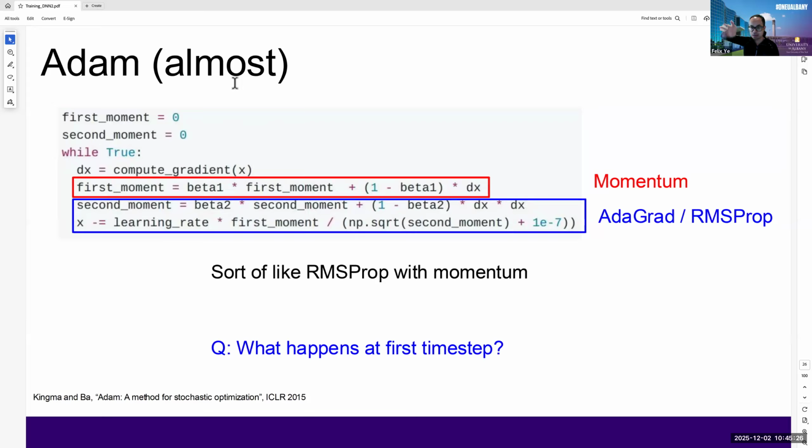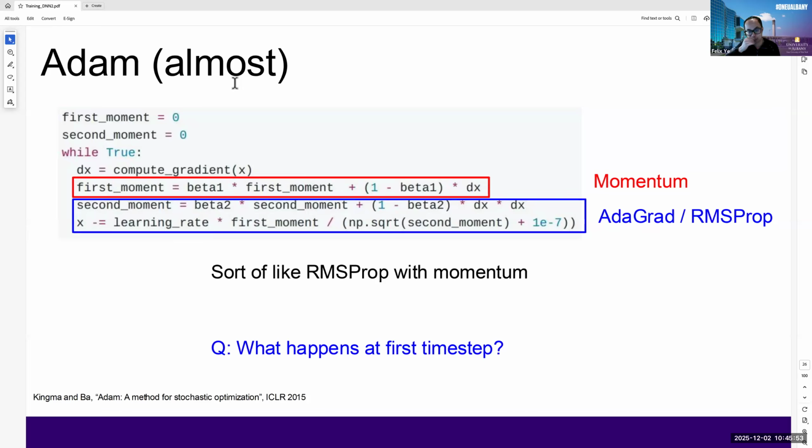This is basically the idea of rescaling the components and introducing a component-wise learning rate. But we can also add momentum. So the whole idea is we have RMSProp, but I'm going to add some momentum to that.